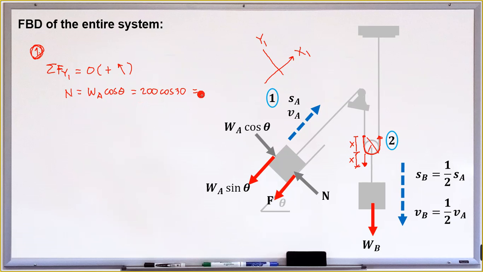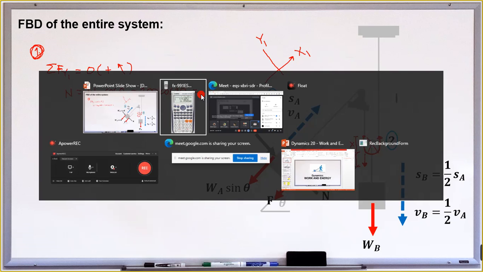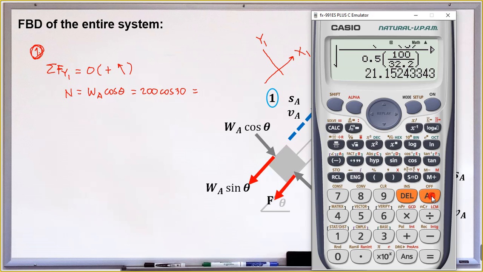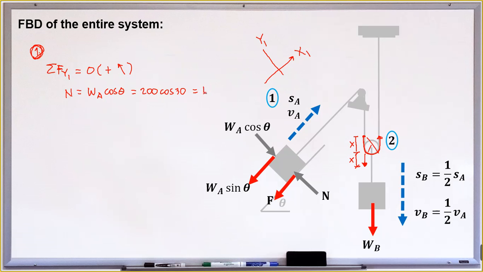The value of our normal force is therefore 200 cosine of 30. So that is 173 pounds.